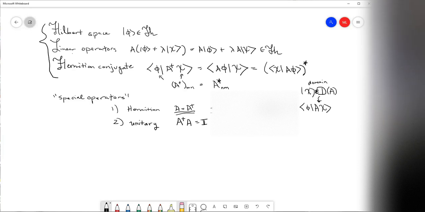And for finite dimensions, this is called a left inverse, because you take A and you multiply it with something on the left and you get the identity. So the inverse is on the left of the operator. And for finite dimensions, the left inverse is the same as the right inverse.